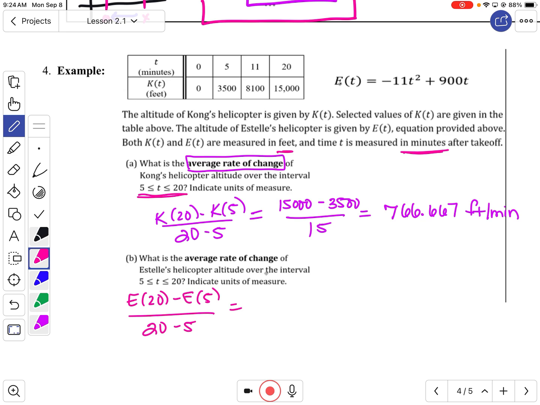All right, what'd you get for Estelle? Yep, 625. Units are important, feet per minute.